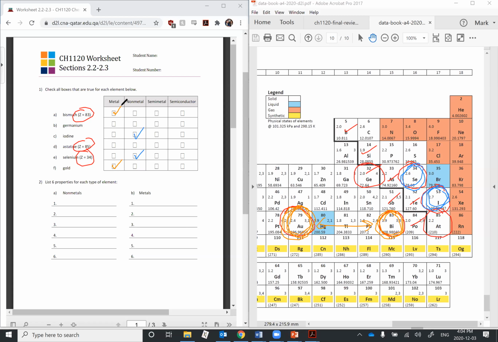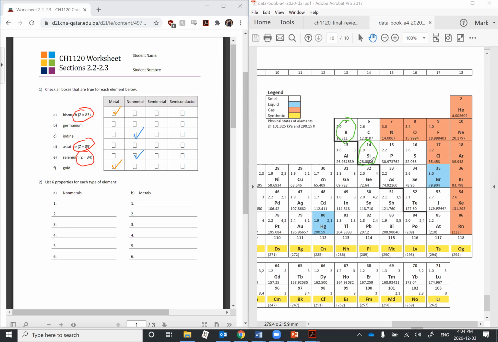So now I need to look at the chemicals that are on the staircase, meaning they're touching that black line. Let me clear some of my writing here and explain that. Now, when I say on the staircase, what I mean is it literally has to touch the staircase.